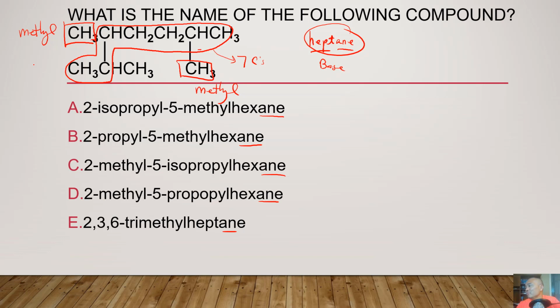If you count from this end, this is carbon 1, carbon 2, carbon 3, 4, 5, 6, and 7. So we have 3 branches. You see, we have another branch over here. Did you see? This is also another methyl group.